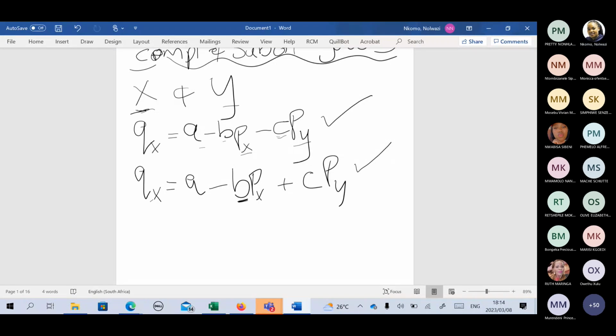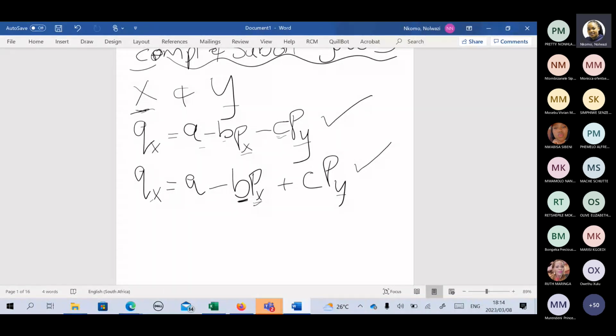Again, A, B, C are constants, PX is the price for good X and PY is the price for good Y.